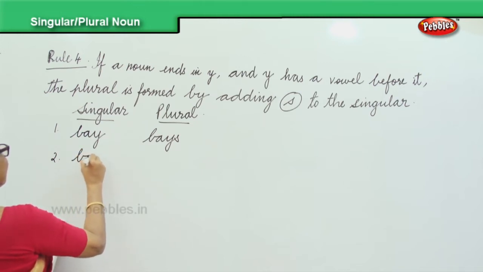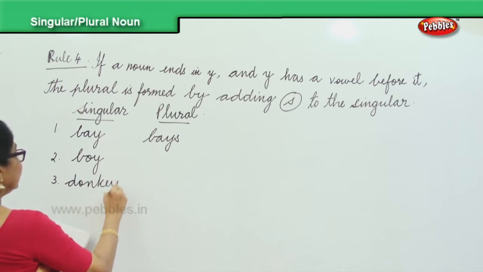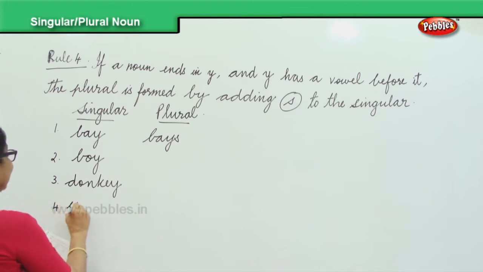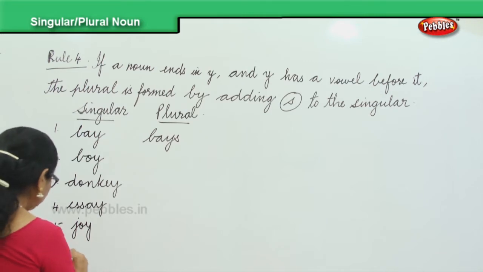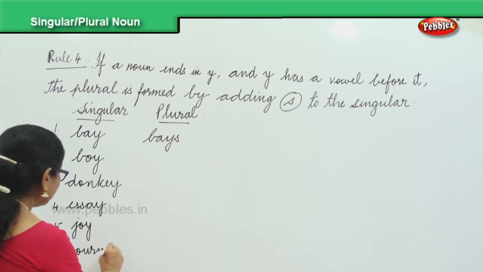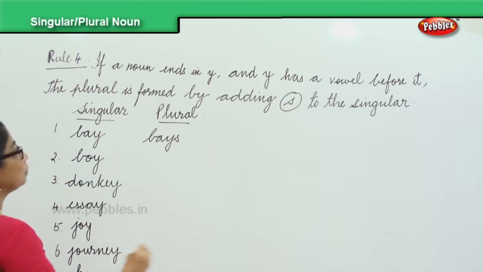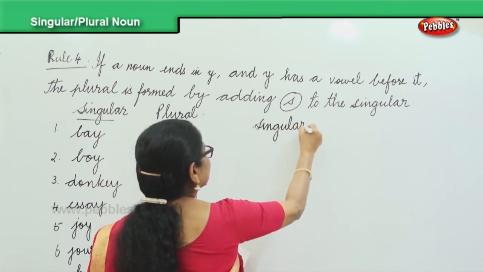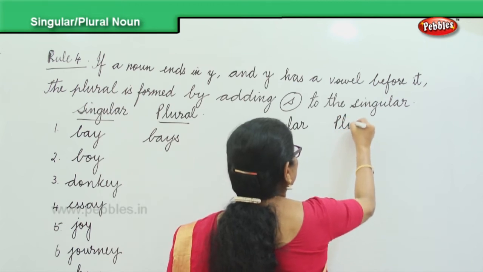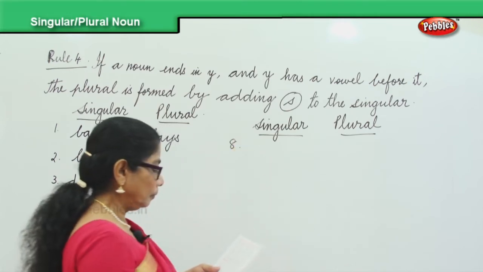Then you have boy, donkey, essay, joy, journey, key, you have some more.